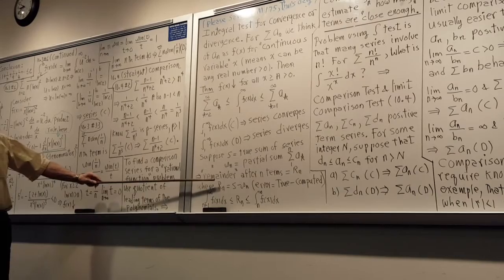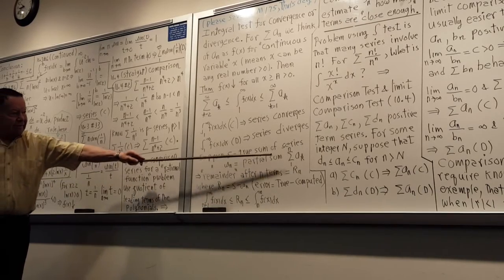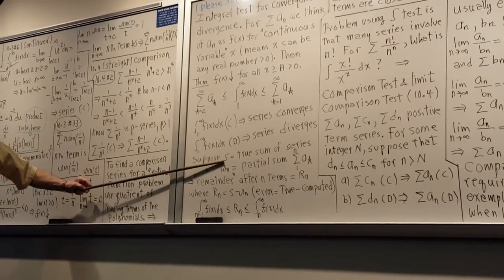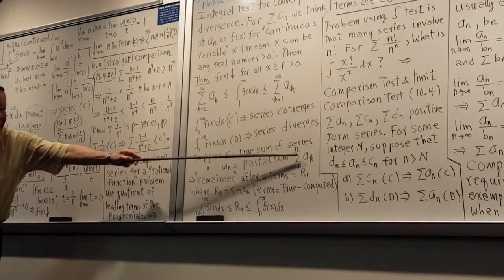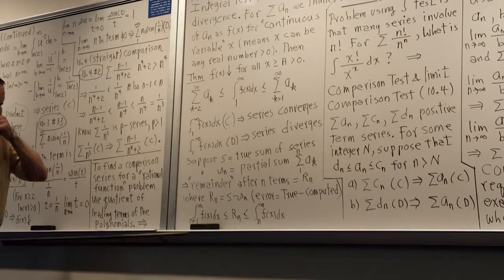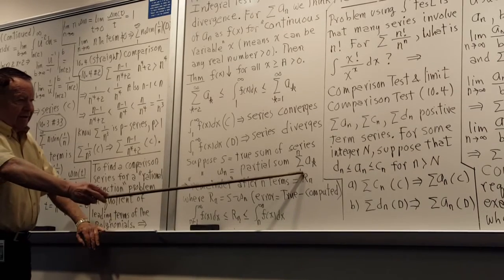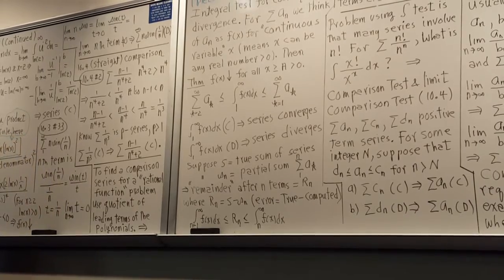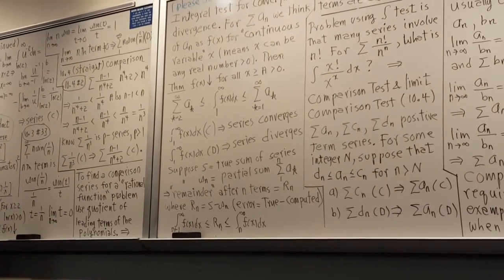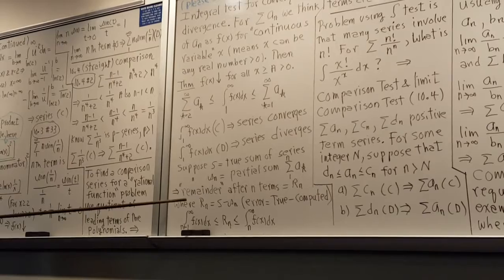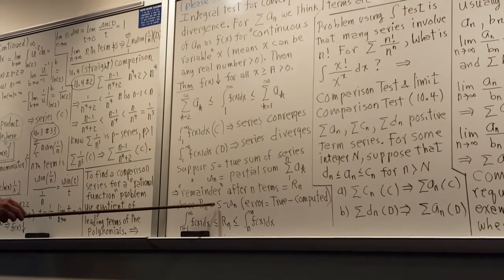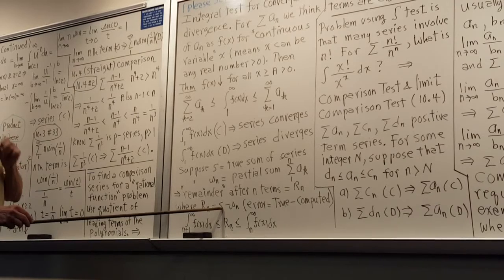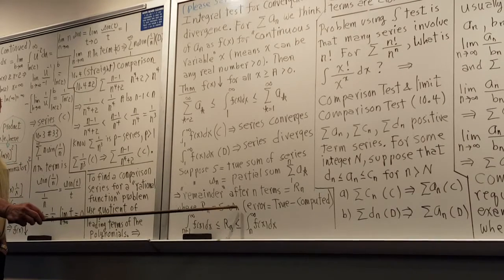So the remainder, if you've approximated your total, this number, with this partial sum, is what we call R subscript n. I'm using the symbols that are in the book. And so R sub n is the true sum, capital S, minus the partial sum.